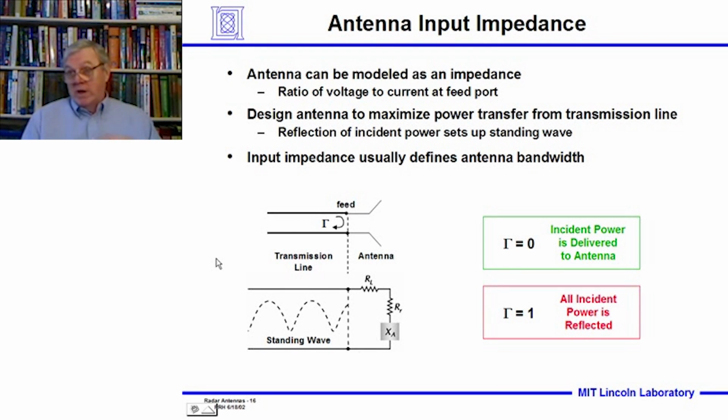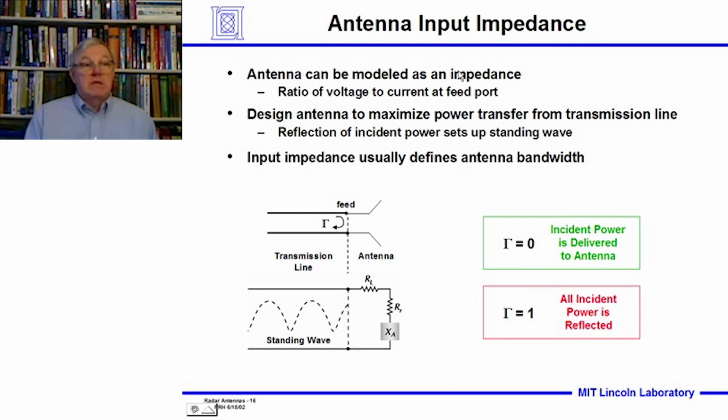You're sending out megawatts or tens of kilowatts of power. You send back 10% of that, and you've got real problems. Transmitters will shut down because big pieces of metal expect efficiency, and if they don't get it, they melt. So there are all sorts of safety devices in these high-power transmitters to make sure this doesn't happen. But it's a very important thing to design the antenna to maximize this power transfer from the transmission line.